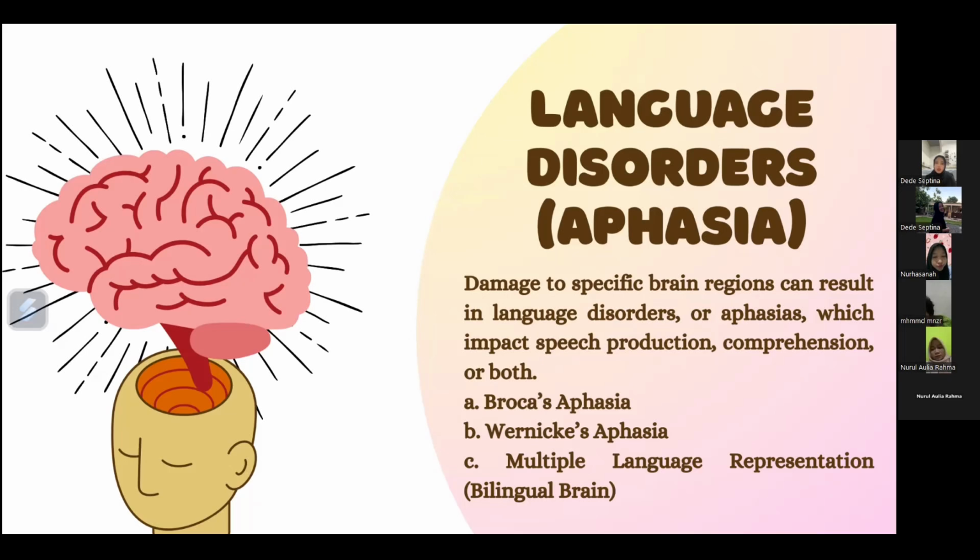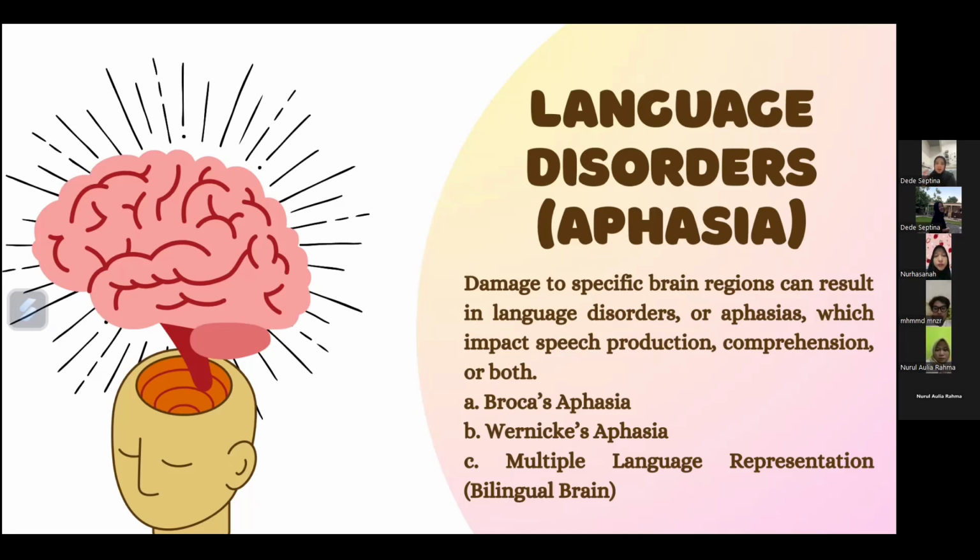The first one is Broca's aphasia, or trouble speaking. It happens when Broca's area in the frontal lobe is damaged. The main symptoms: speech is slow and difficult. Second, sentences are short and grammatically incorrect. And third, understanding language is mostly normal.